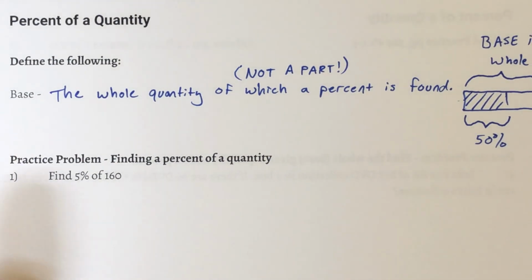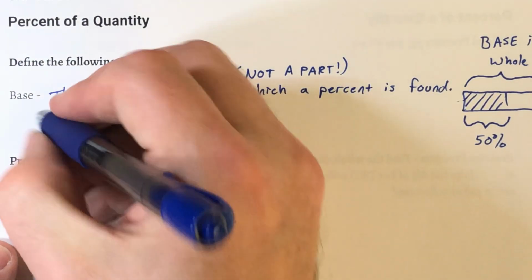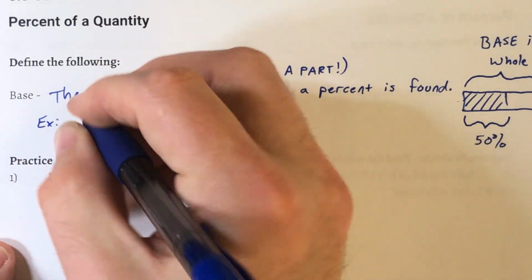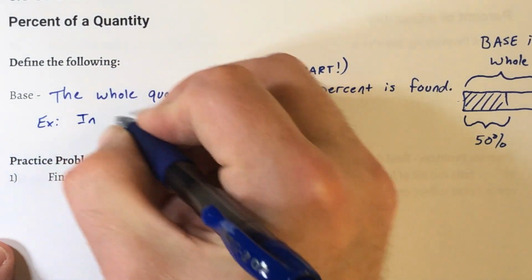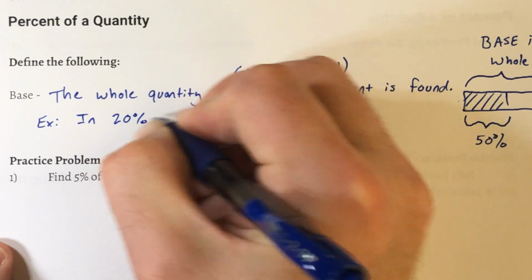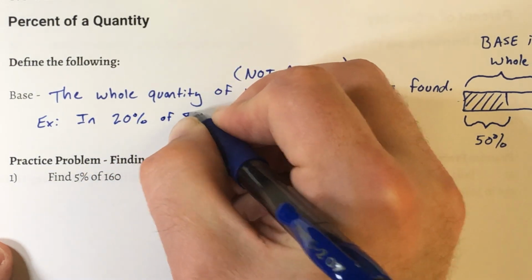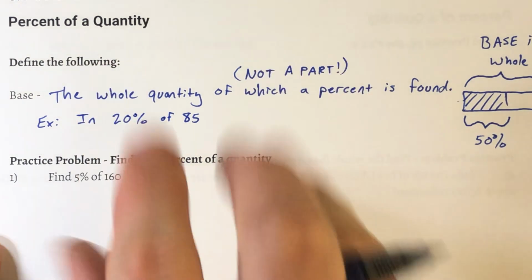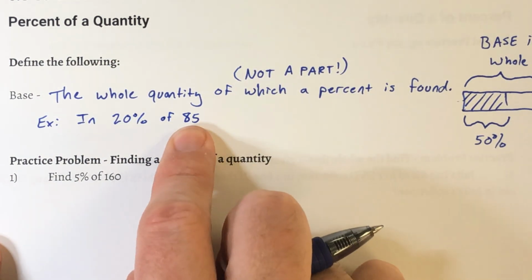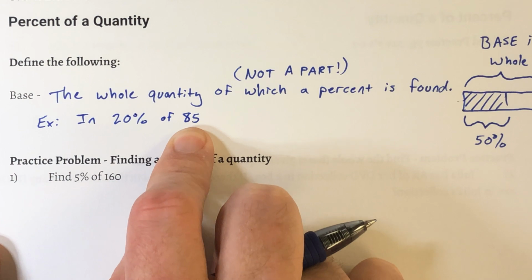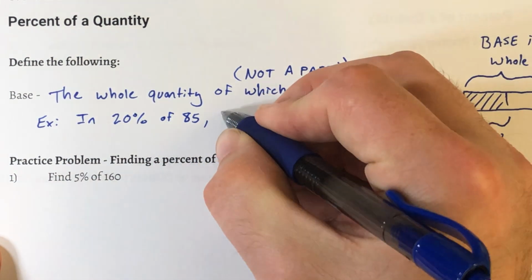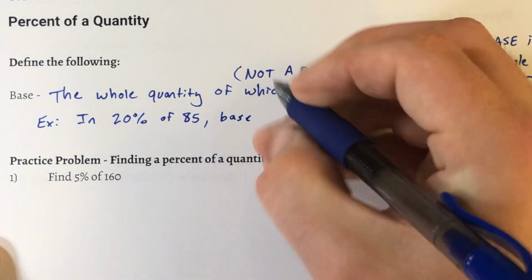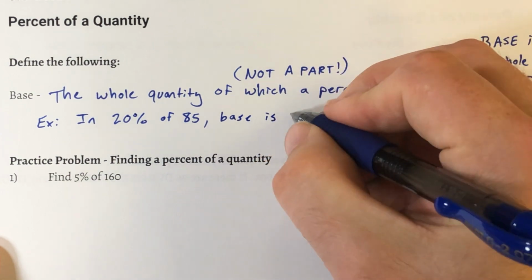All right, a couple quick examples. Let's say I was finding in the problem 20% of 85. 20% is the part that I'm going to take. 85 represents everything. So in this example, the base is 85.